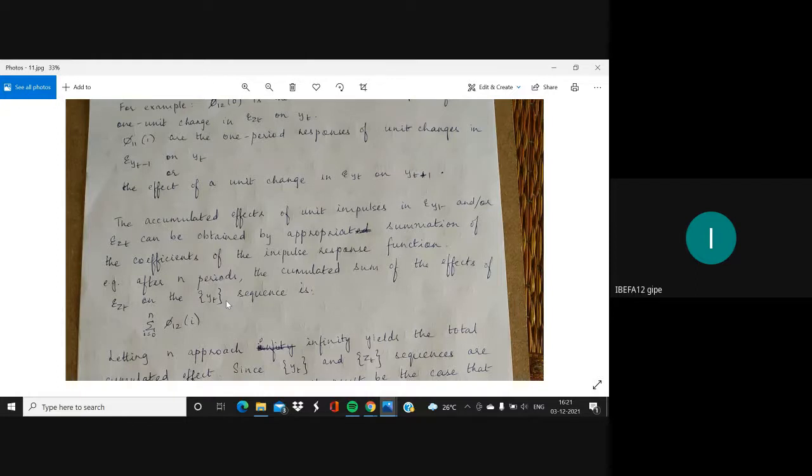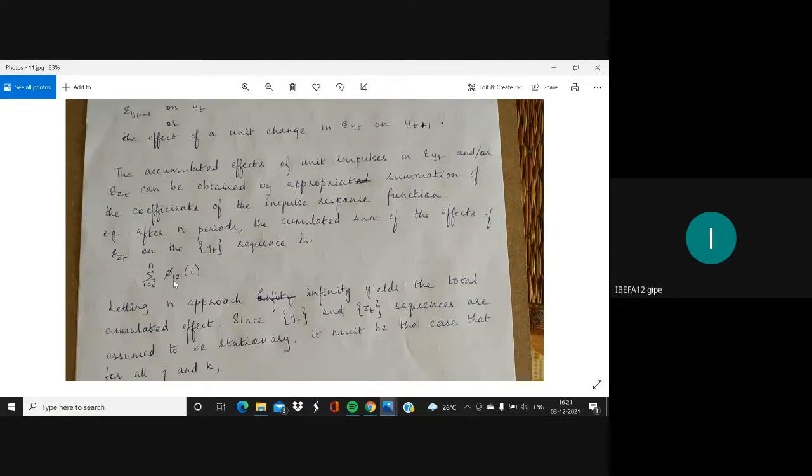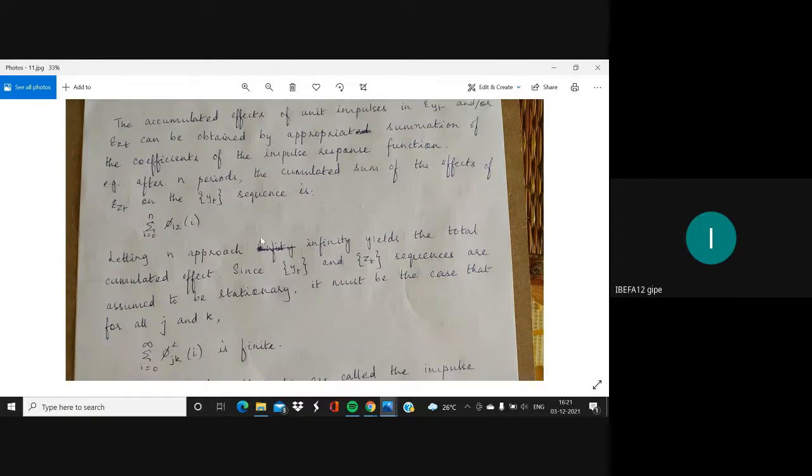You'll simply be adding up the impact over those n time periods. So you'll be summing up these coefficients for time period 0, 1, 2, and so on up to n. Now, if you let n approach infinity, it will give you the total cumulated effect.